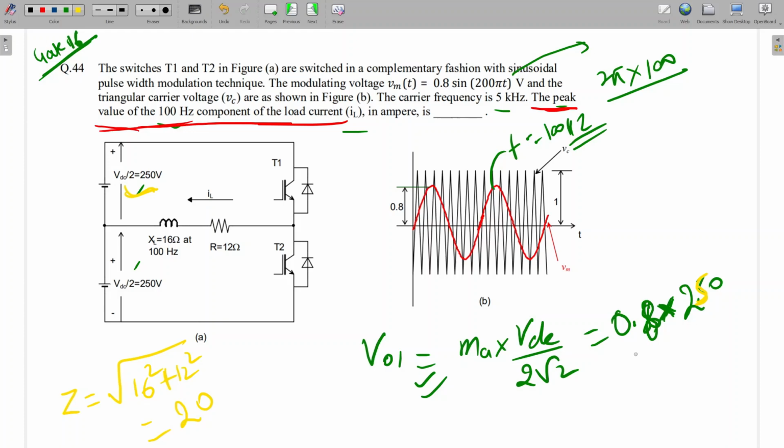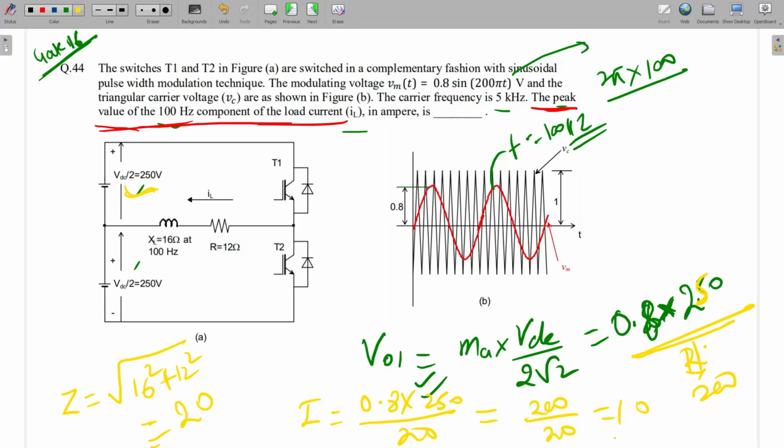So our current will be 0.8 into 250 divided by 20, since Z is 20. V01 is 200 volts, so 200 divided by 20 will be 10. So the peak value of this current will be 10 ampere.